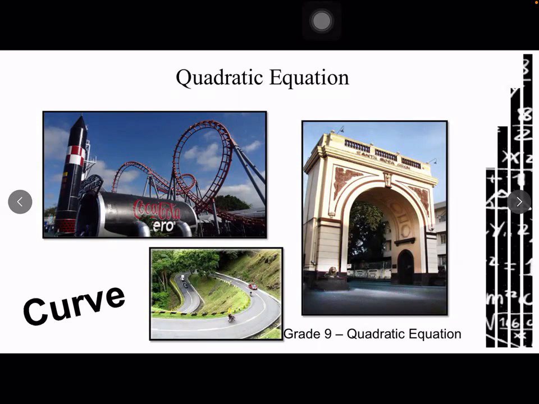In our first picture, the Space Shuttle located in Enchanted Kingdom, in its track or trail, there are curves. In our second picture, it is a zigzag road or a curved road. And in the third picture, the Santa Rosa Arc, it has a curved structure or curved line.